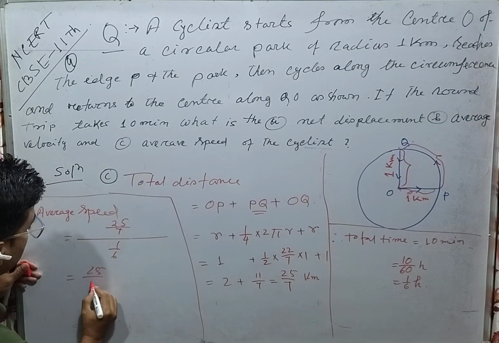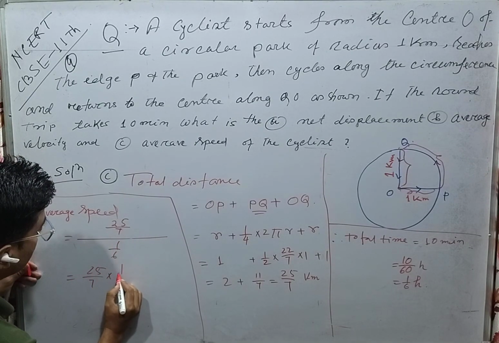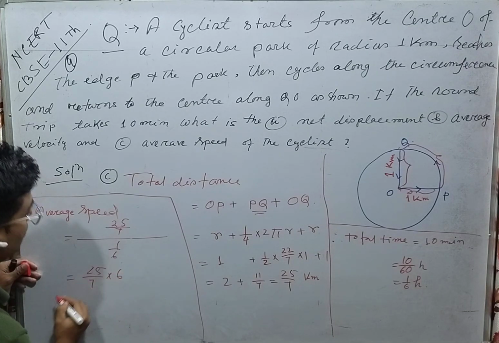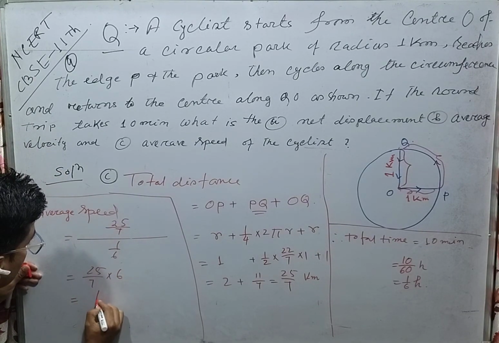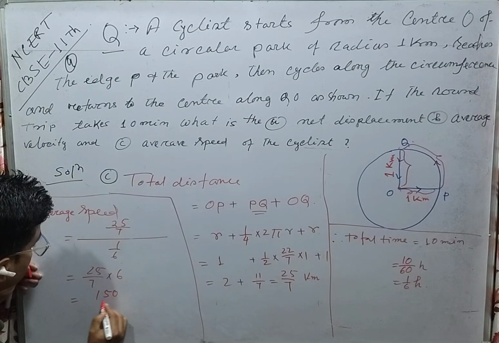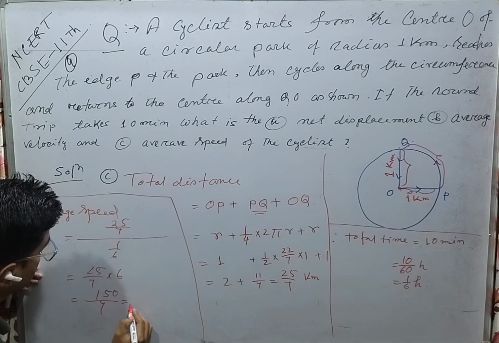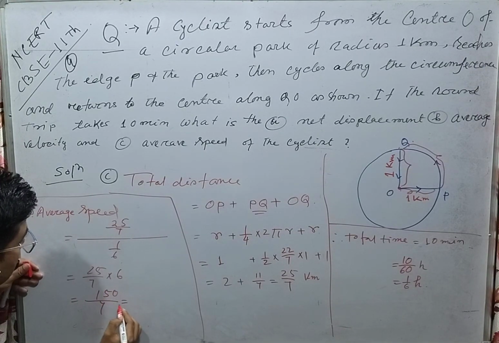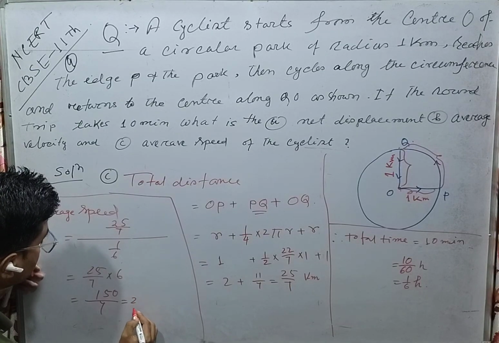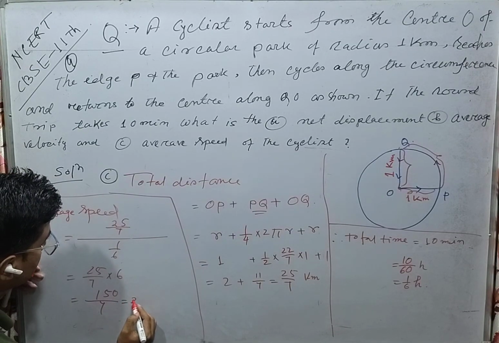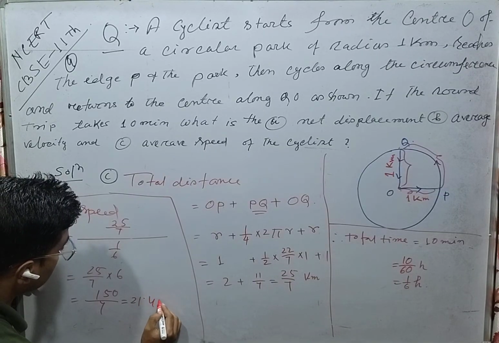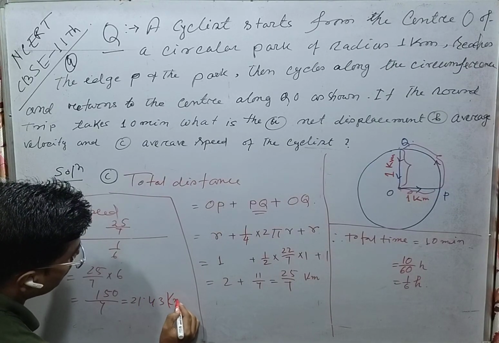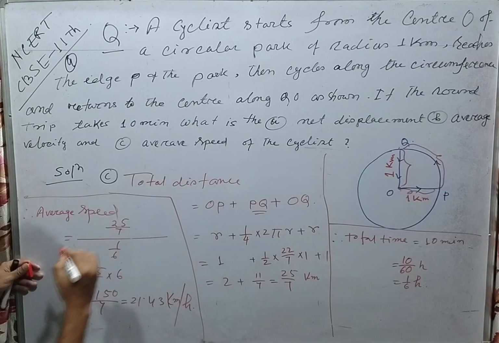Now 25 by 7 into the reciprocal of 1 by 6, which is 6. 25 into 6 is 150 by 7, which is approximately 21.43 kilometer per hour.